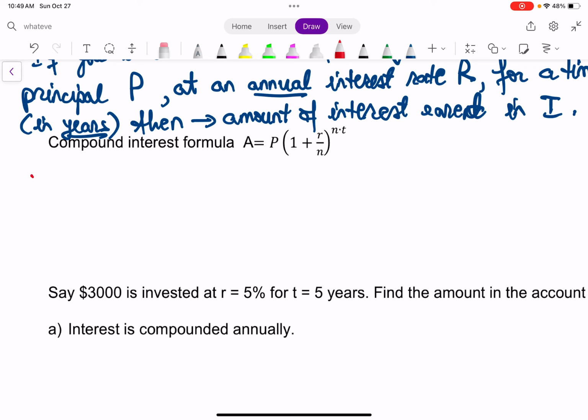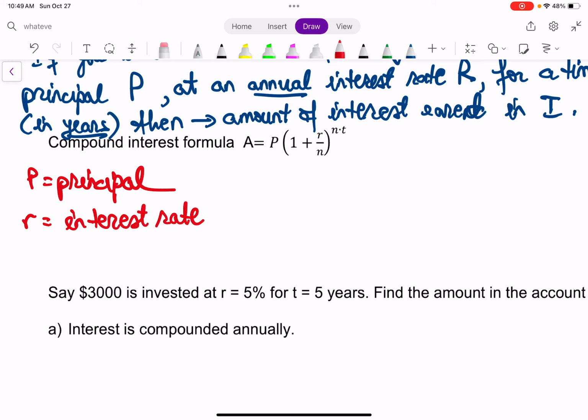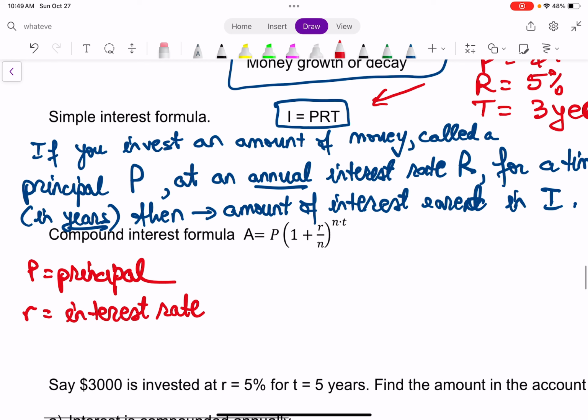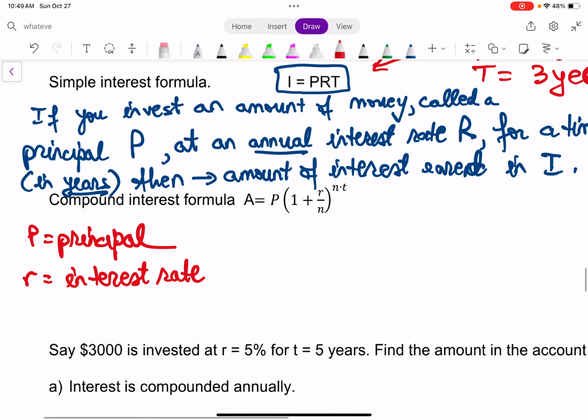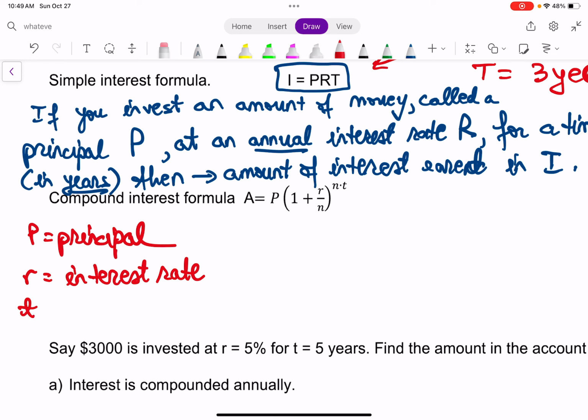So again, P is going to stand in for that principal amount of money that you are investing. R is the interest rate. So yes, it is kind of funny that they start calling it R with a lowercase, where in the simple interest formula we use an uppercase, but that's just how it is. It's still the same interest rate. T is still the time, same story.